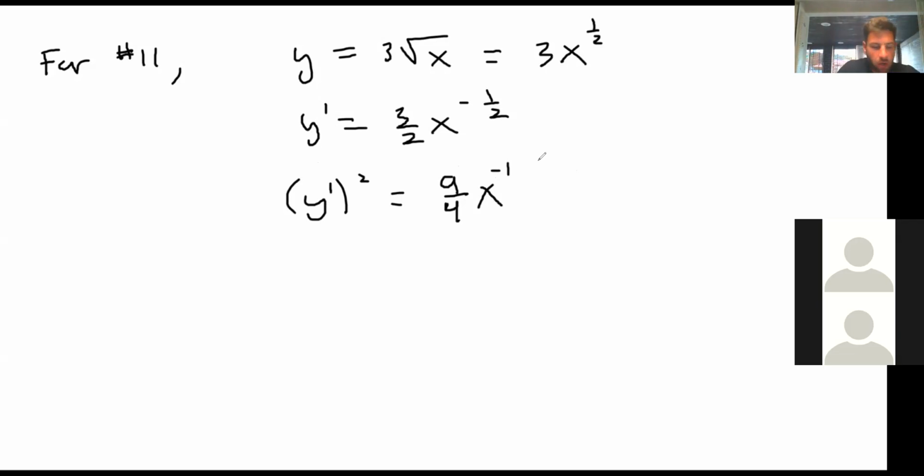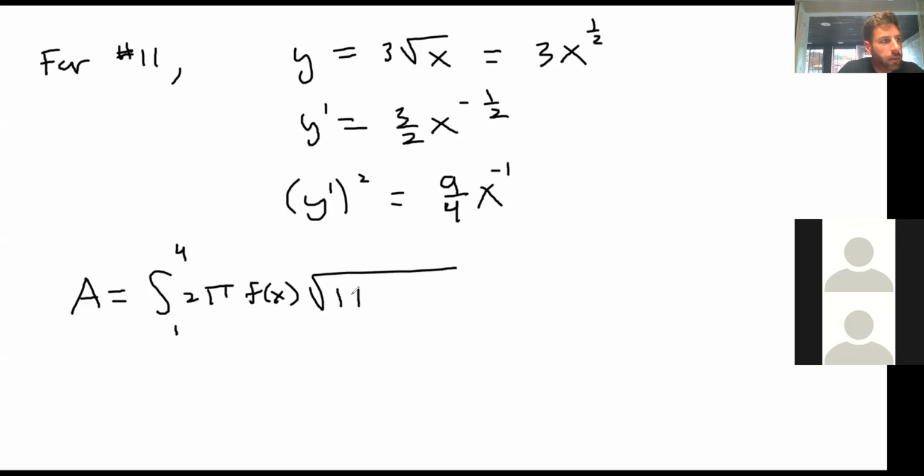So to get you started on this, what's the area? The area is the integral from 1 to 4, 2 pi f of x times this arc length piece.